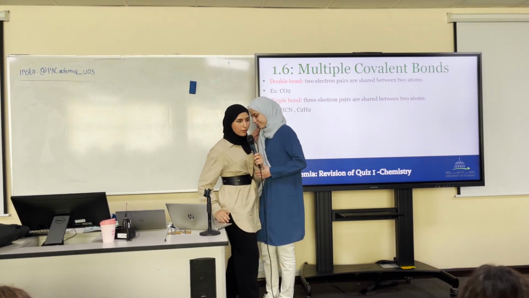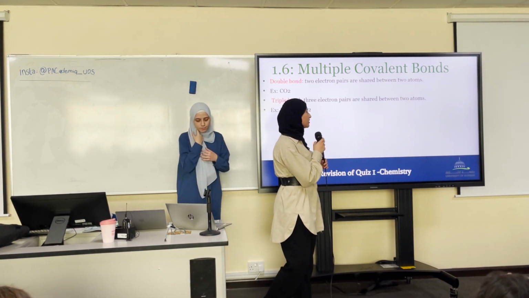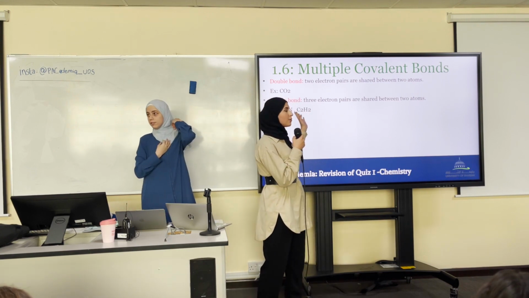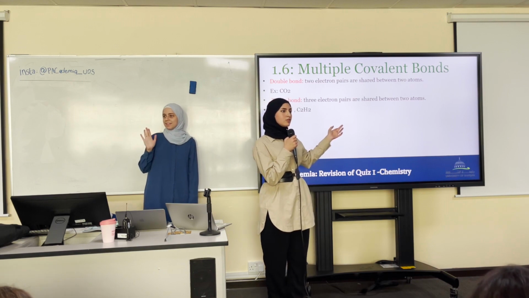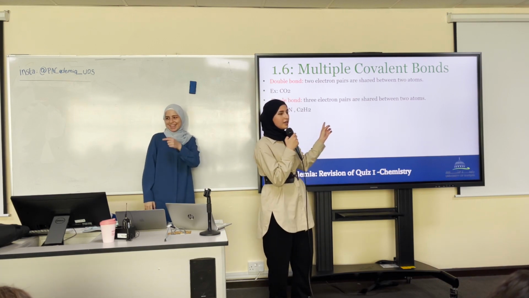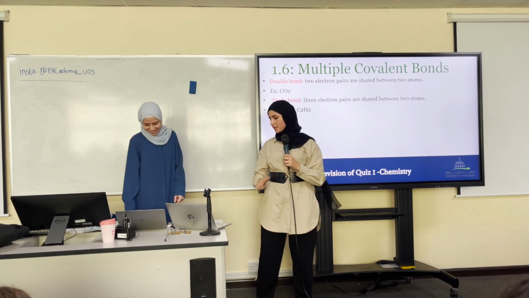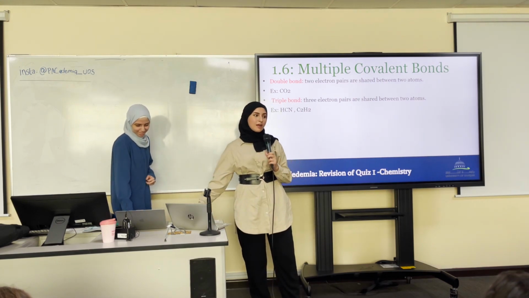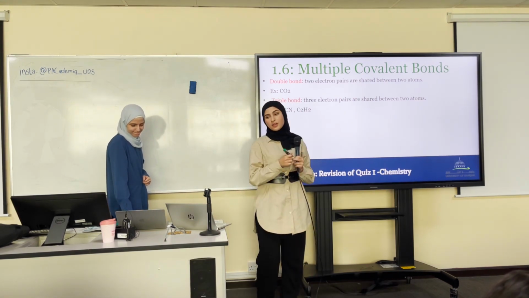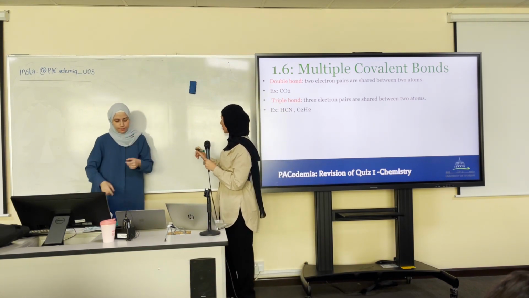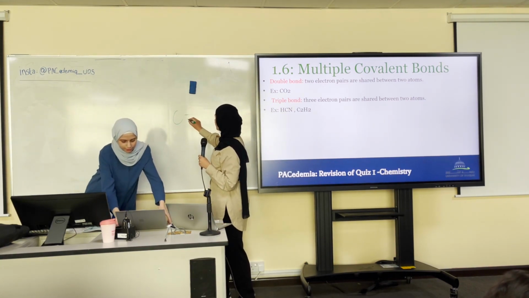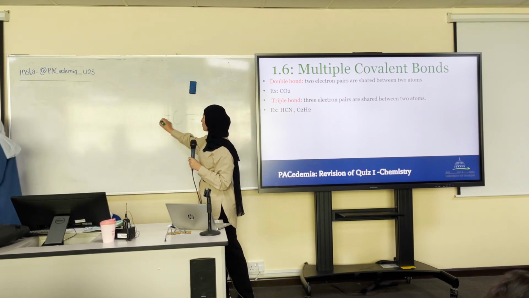So we also have the double bond and the triple bond. A double bond is when how many electron pairs are shared between two atoms? 2. And how many electron pairs are shared in a triple bond? 3. Yes, exactly. So we have carbon dioxide. We will have carbon, and then it forms two double bonds with two atoms.